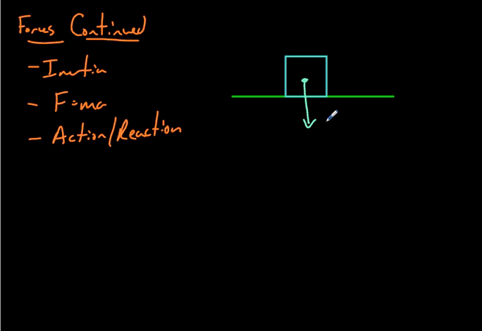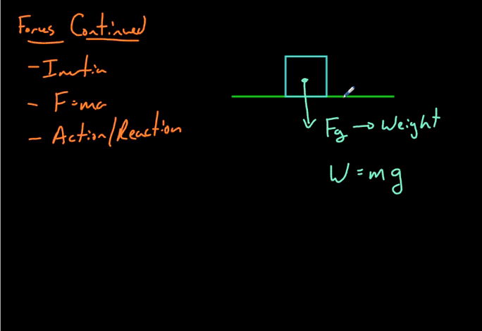So we've got the force of gravity acting down, and we will call this weight, okay? This will be known as weight. And so what we'll do is we'll write it like this. W, weight, which is the force of gravity, is equal to whatever mass we have here times the acceleration due to gravity, which we call g. So weight equals mg, okay?